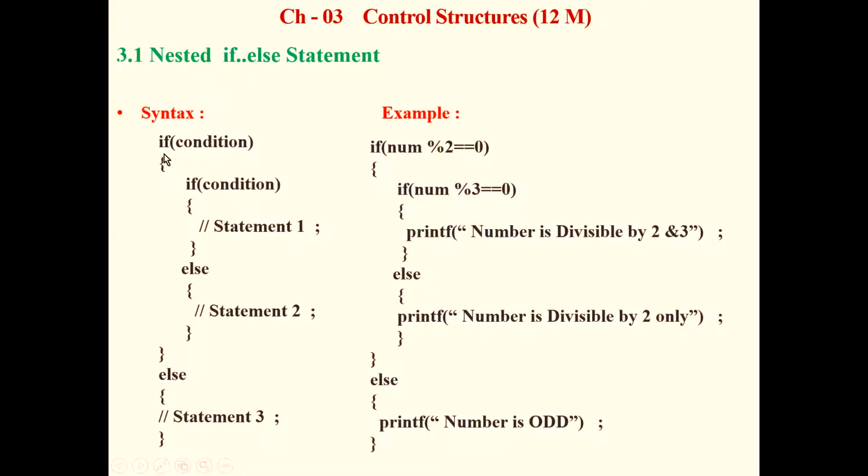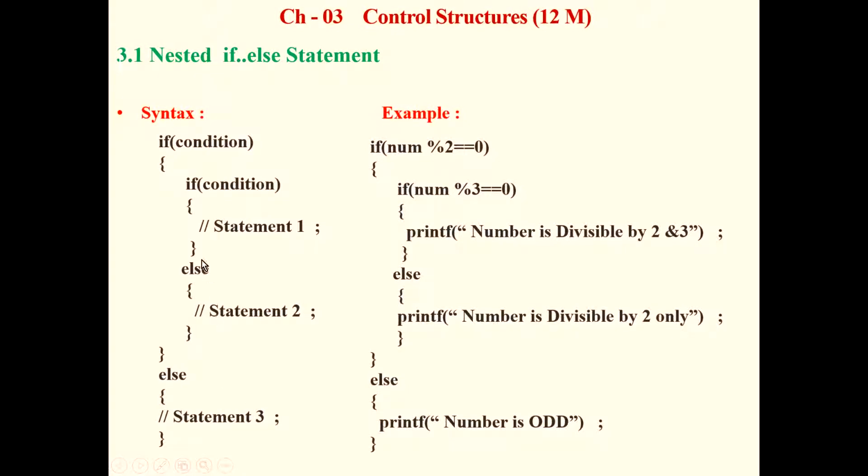Then inside the curly brackets I again use an if statement. This concept is called nested if: inside one if-else statement we use another if-else statement. Inside the if statement we again check the second condition. Here we check the first condition and then the second condition, and then statement 1, else statement 2, then else statement 3.